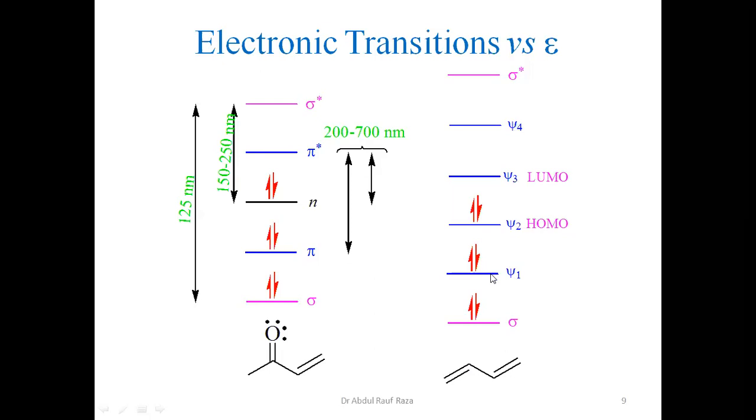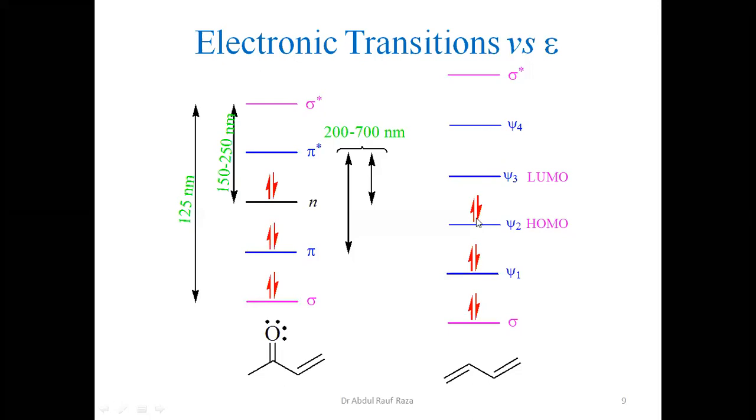We cannot say they are two separate pi bonds. They are conjugated in fact. When they are conjugated, they shall form 4 molecular orbitals. The number of molecular orbitals is equal to the number of conjugated atoms. There are 4 conjugating atoms here, so there shall be 4 molecular orbitals.